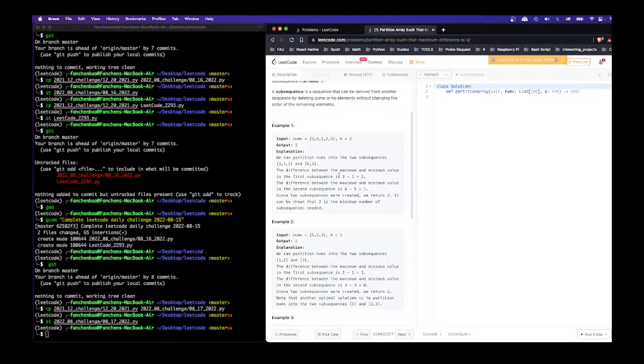So we add as many as we can. It's like greedy. And does it work? Yeah, because the best option for each element is going to be either go to the left or go to the right. If it doesn't go to the left, then we just go to the right, right?